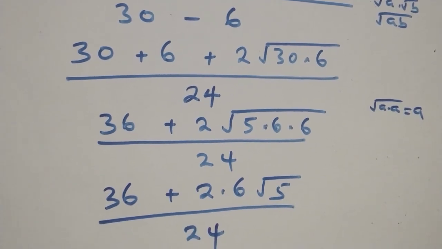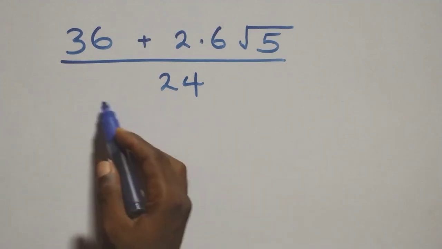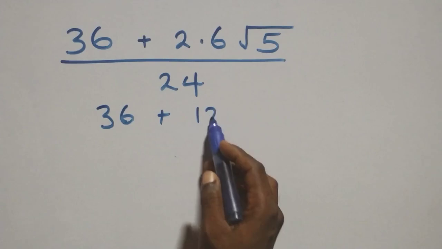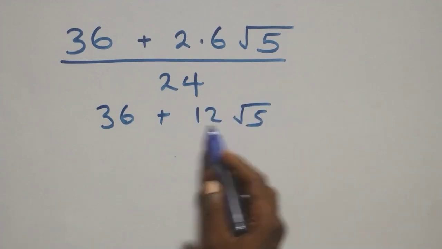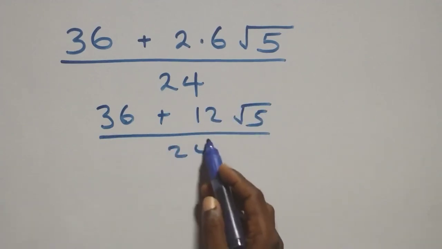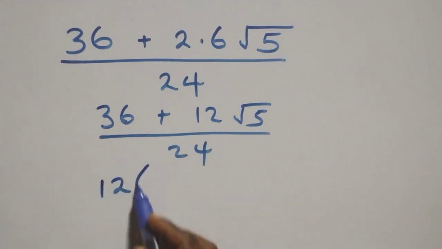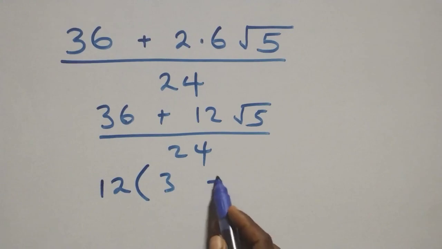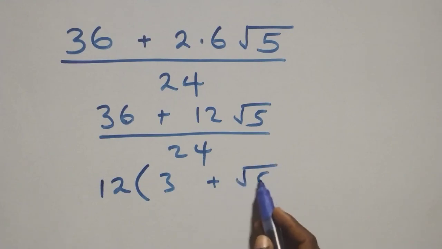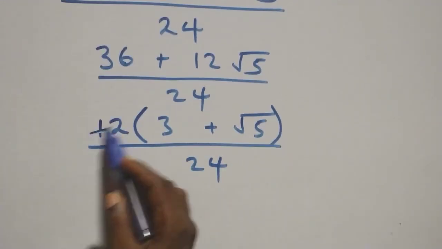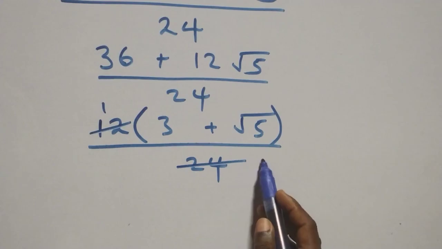Then next step we have this becomes 36 plus 2 times 6, that's 12, then times root 5 over 24. Then factor 12 up here. You have 12 into brackets. This becomes 3 and plus root 5 over 24 here. That is, here 12 goes here 1, 12 goes here 2.